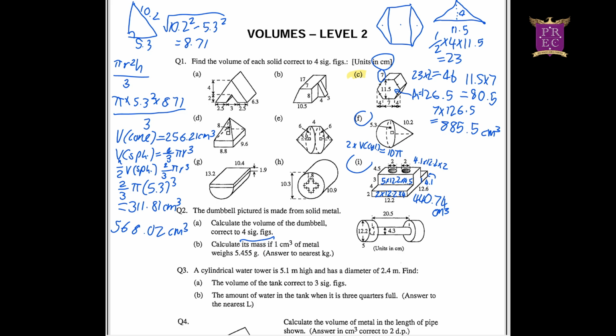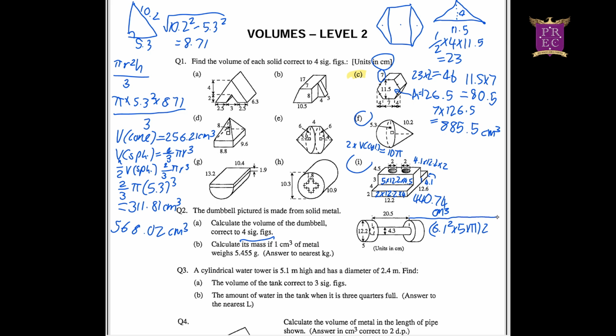It's got a diameter of 12.2, so the radius will be 6.1, and the length will be 5. So we'll just do 6.1 squared times 5 times pi, and times this by 2 to get the volume of both these cylinders.